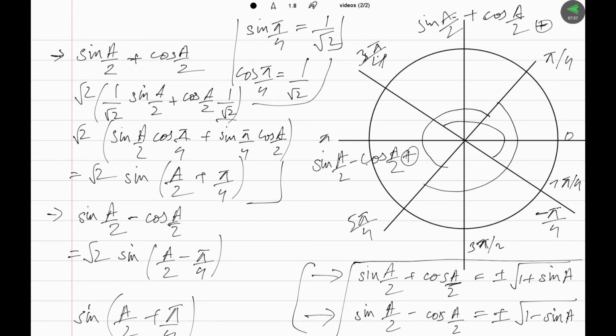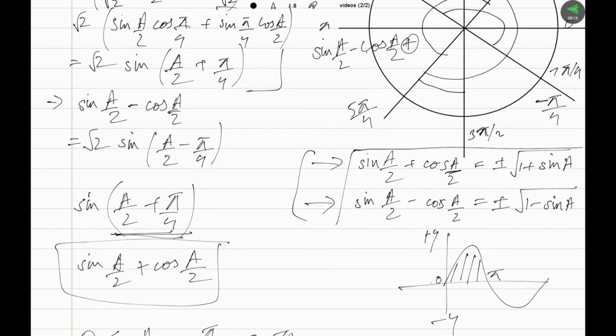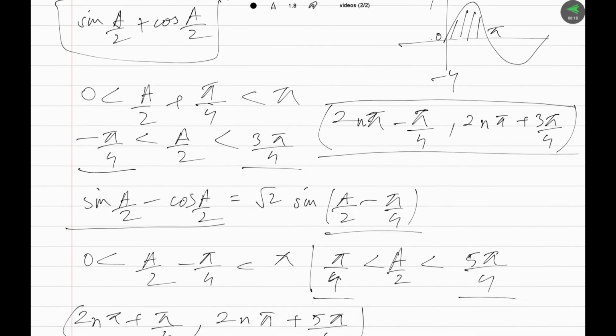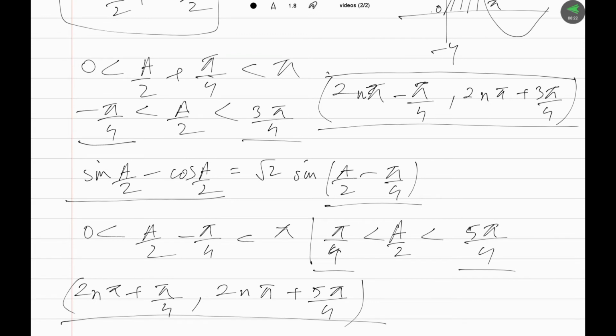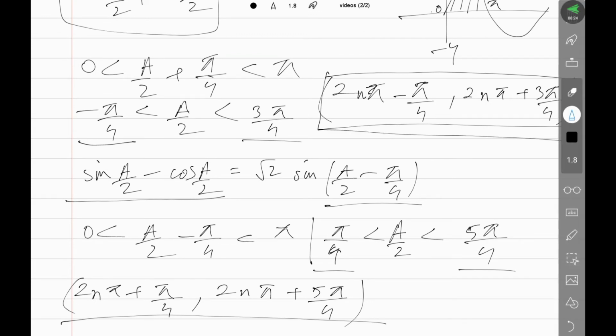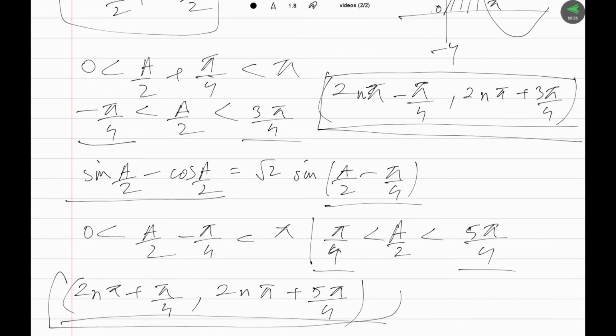So for example, if this lies between 5 pi/4 and 3 pi/2, in this region, then it will be negative. So basically this one is for positive and this one is for negative.